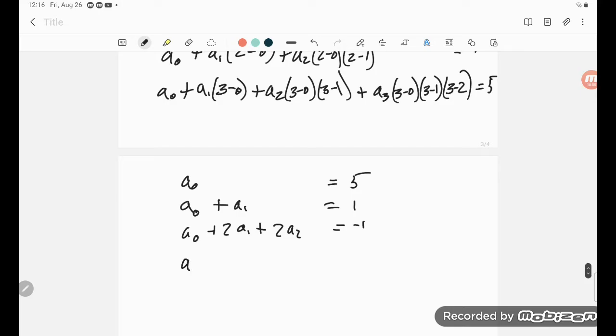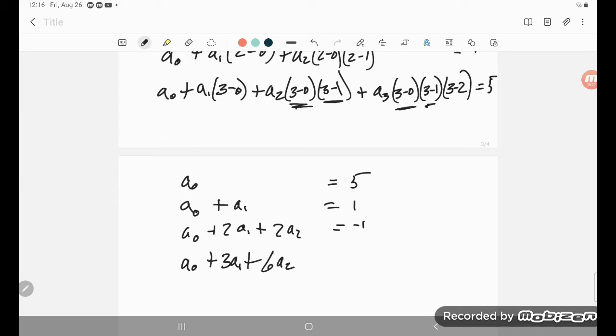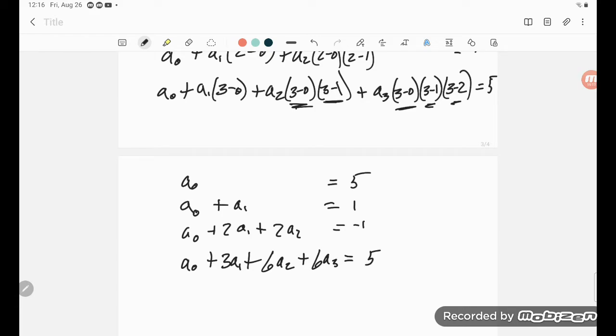And then finally a0 plus 3a1 plus 3 times 2 is 6, so 6a2. And here we have 3 times 2 times 1, so that's also 6, plus 6a3 is equal to 5.